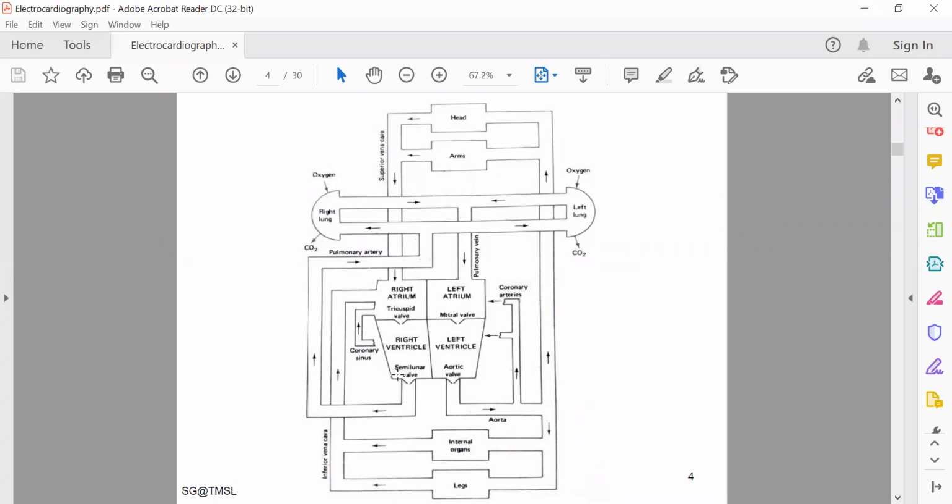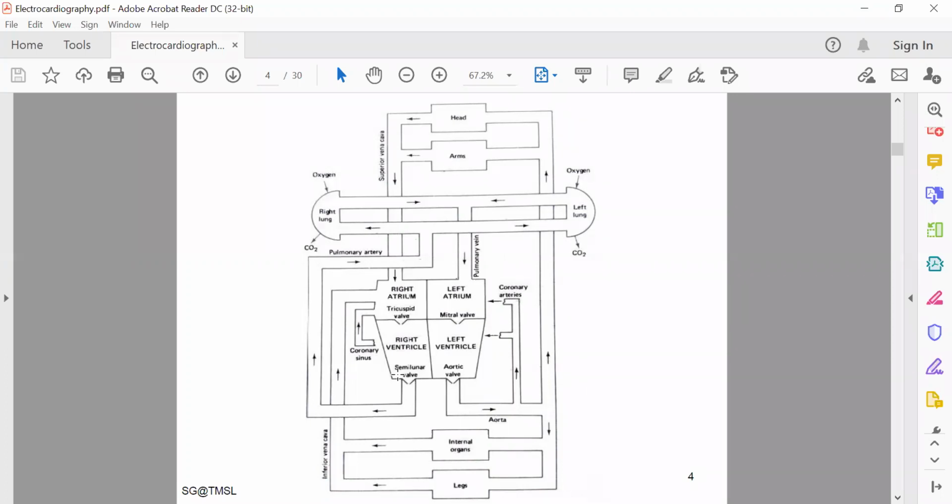Then it contracts to pump the blood into the pulmonary circulation system. When ventricular pressure exceeds the atrial pressure, the tricuspid valve closes and the pressure in the ventricle forces the semilunar pulmonary valve to open, and it causes the blood to flow into the pulmonary artery, which divides into the two lungs.